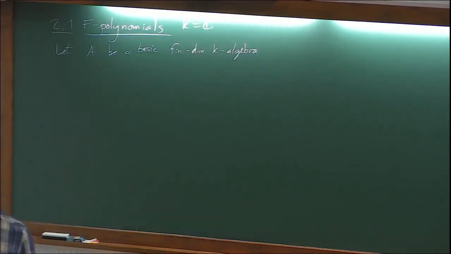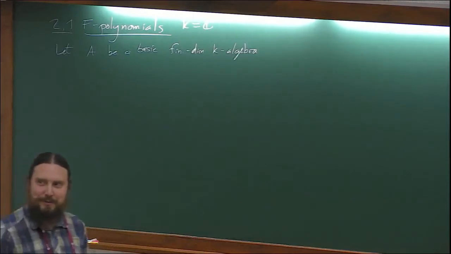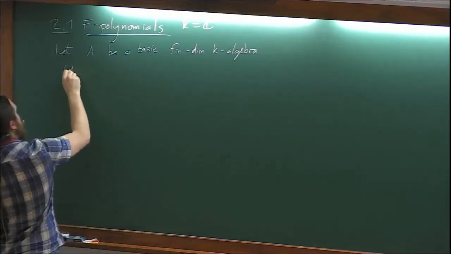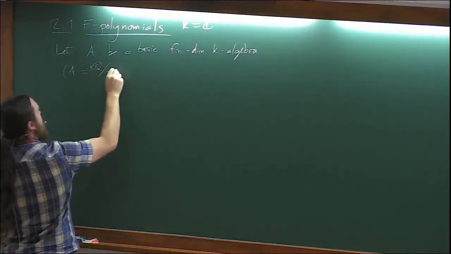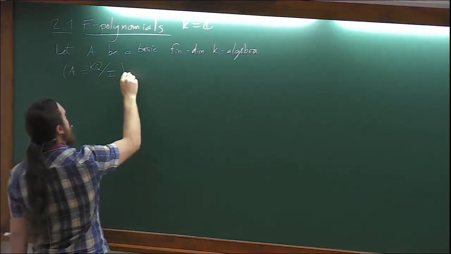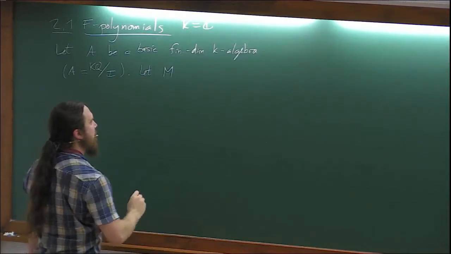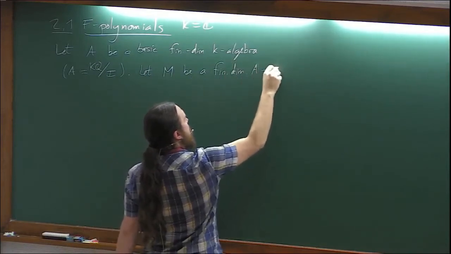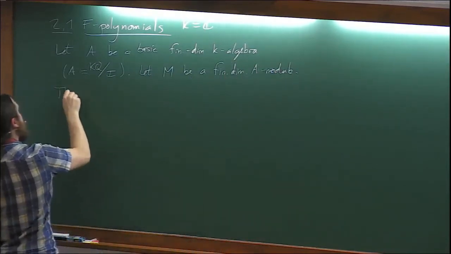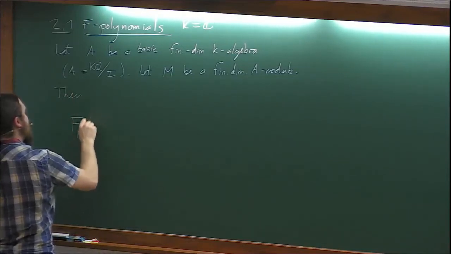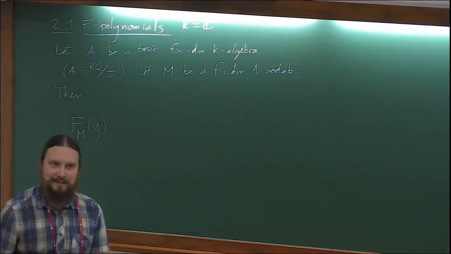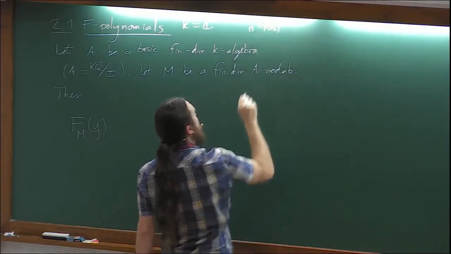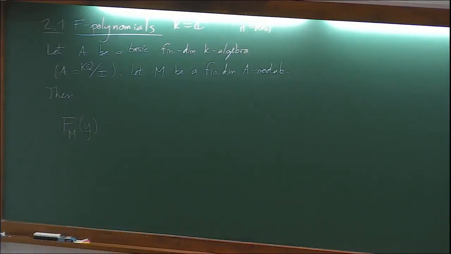If I should forget to write C and I write K instead, you should remember that K is equal to C. So if I have any basic finite dimensional algebra, which I write as a path algebra of some quiver modulo some ideal of relations, and if I take any finite dimensional module M, then you define the F polynomial of M as a polynomial in n variables, where n is the number of vertices of the quiver, the Gabriel quiver of the algebra A.